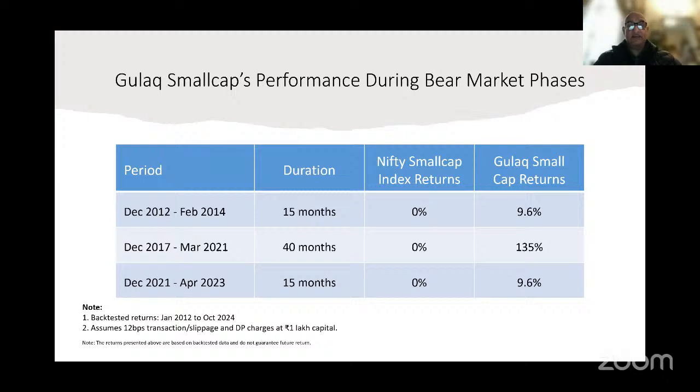And these are 2012 to 2014, 17 to 21, and then 21 to 23. In our portfolio during this period, we still had good positive returns, 9.6 in the first period, very, very good returns in the second period, and 13, this might be a typo, I think it's 13.5 percent return in the second period and 9.6 in the third period.